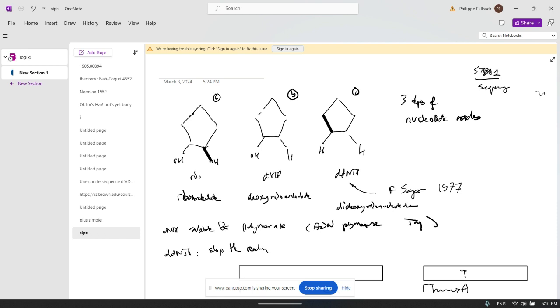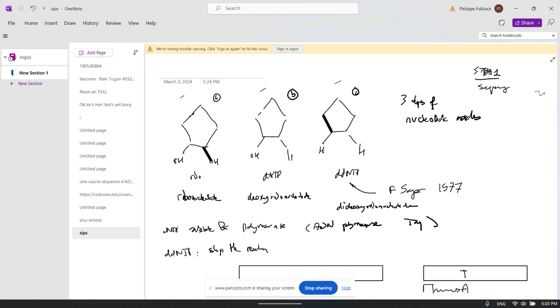And these nucleotides come in several flavors, and I've shown the sugar part of the nucleotides here. I have these three diagrams here, A, B, and C, showing three types of nucleotides.